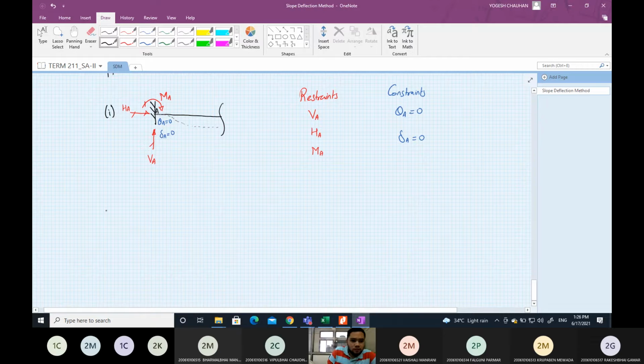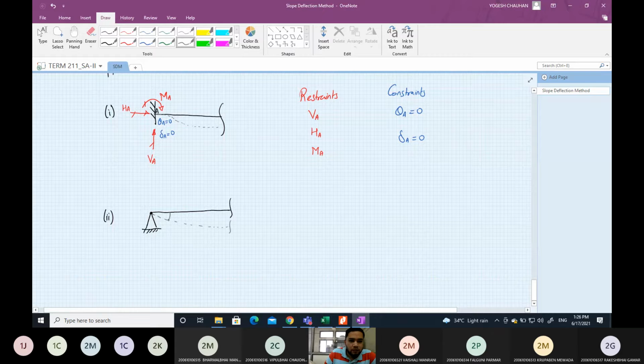Second is, let us say, hinge support. And if we draw the deflected shape of this, it would be like this.